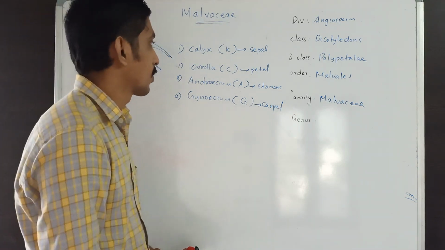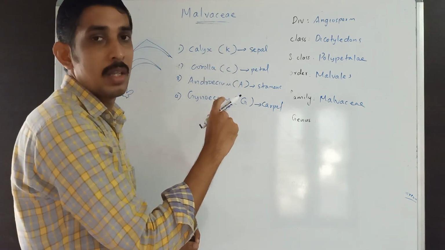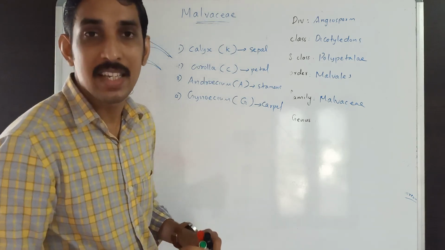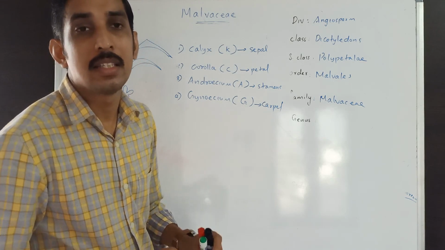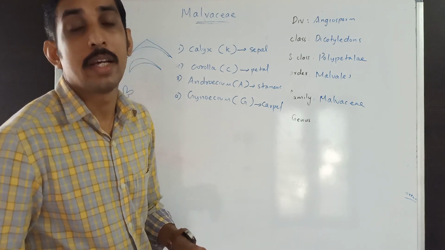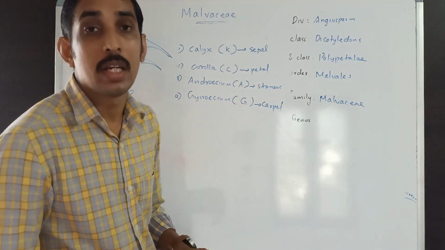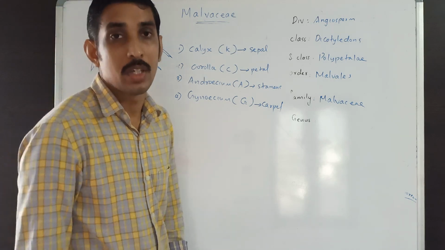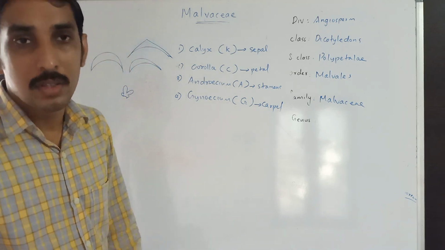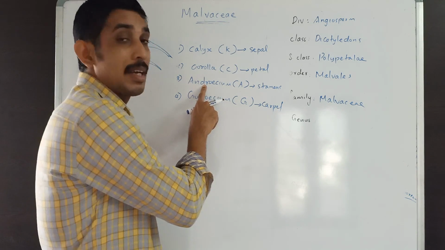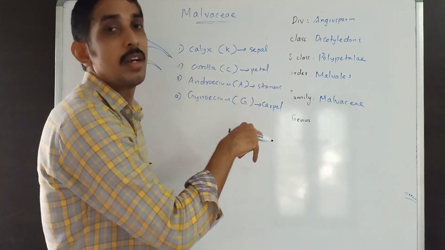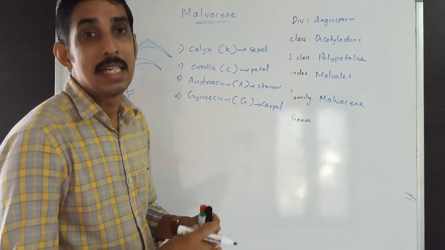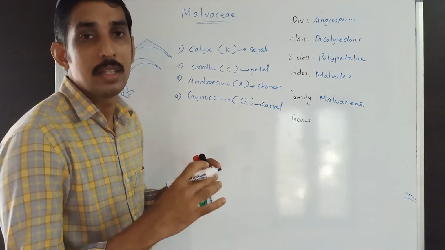Among these, calyx and corolla are considered the non-essential whorls of a flower because they are not directly taking part, or directly involved, in the process of sexual reproduction. That is why they are called non-essential whorls. Whereas androecium is the male reproductive part, and like that gynoecium is the female reproductive part, which are directly involved in sexual reproduction.